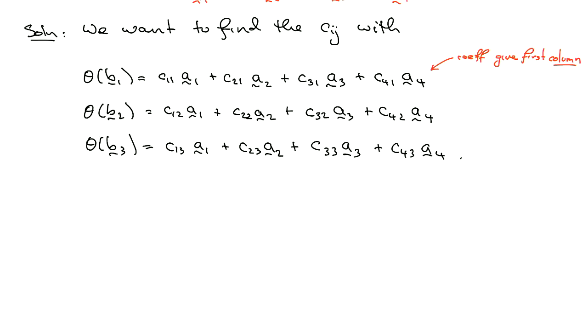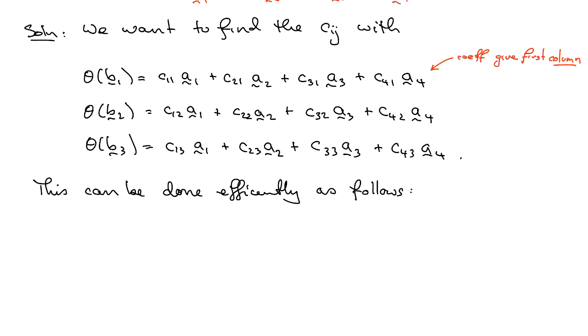So to do this fairly efficiently, we work as follows. First, we need to compute all theta B subscript j for j equals 1, 2, 3.